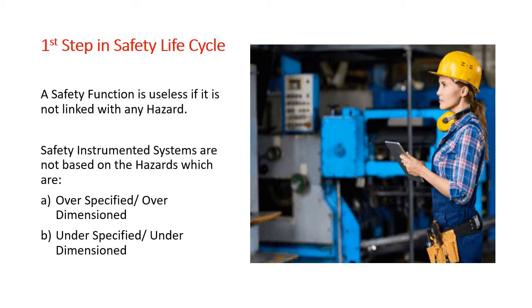A safety function is totally useless if it is not linked with any hazard, right? You have developed a safety function consisting of sophisticated instruments, but that is of no use if it is not mitigating any risk or hazard, which may be explosion, fire, fatality, leakage from the pipe, an overpressure scenario, or an over temperature scenario.